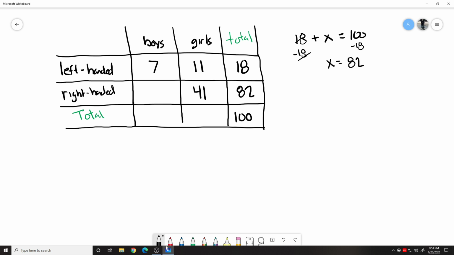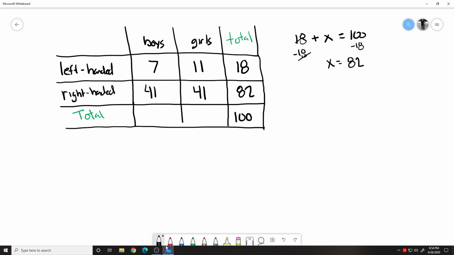Okay, let's look at this row right here. It's right-handed people. 41 plus something gave me 82, or you could do 82 minus 41. Either way, 41 is exactly half of that.